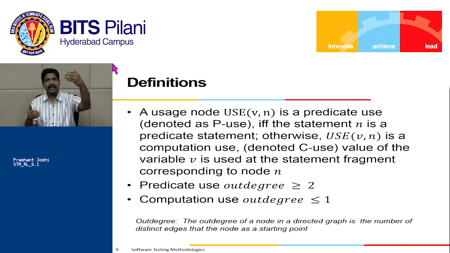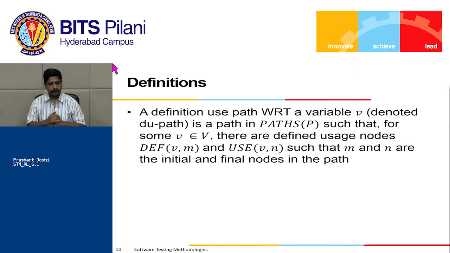So we can have either a C-use or a P-use, which helps us understand what kind of use it is for that particular variable. So a DU path is going to be made of those nodes where there is a definition happening and a use happening in that entire graph.